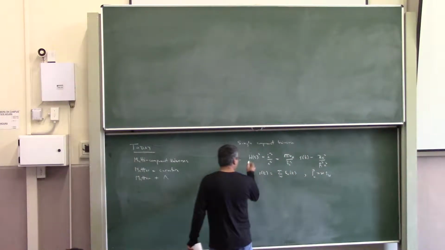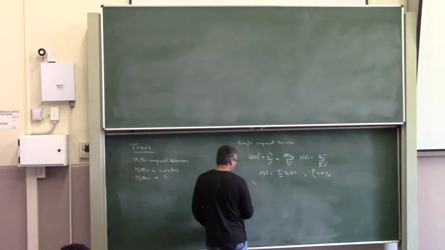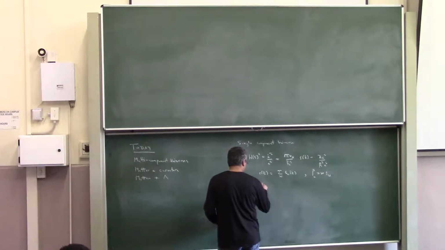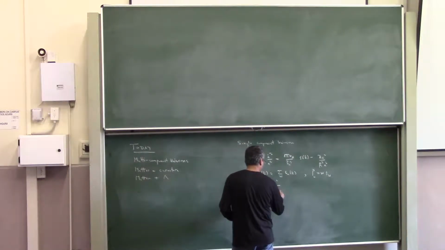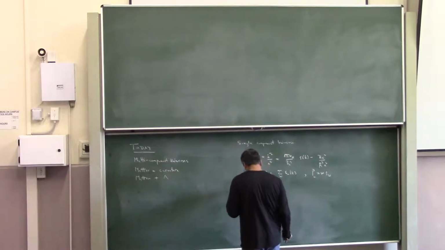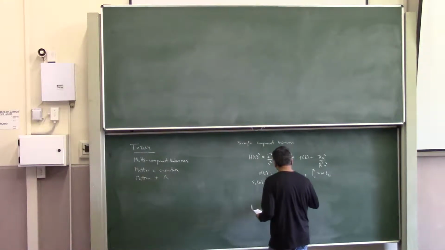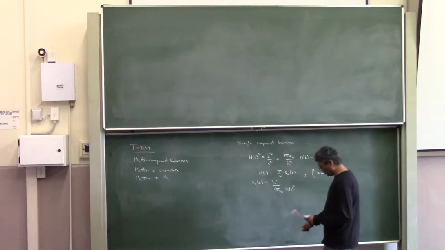So let's divide this equation by the critical energy density. The critical energy density is 3 c squared over 8 pi G Newton, times H(t) squared.